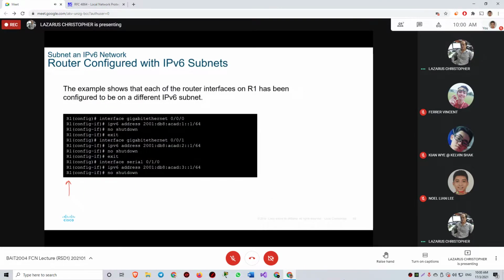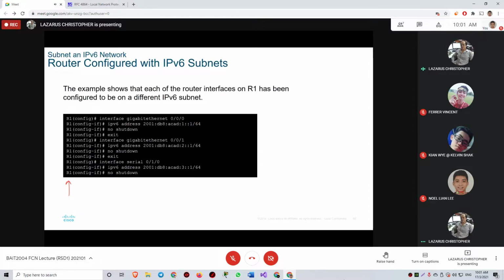So this is an example for router 1. Now, we pick the gigabit 0/0/0, gigabit 0/0/1, and also the serial interface 0/1/0. For each of the interfaces, you assign the IP version 6 address with the prefix. For IP version 6, recall that there's no subnet mask because it's already indicated as the slash prefix.